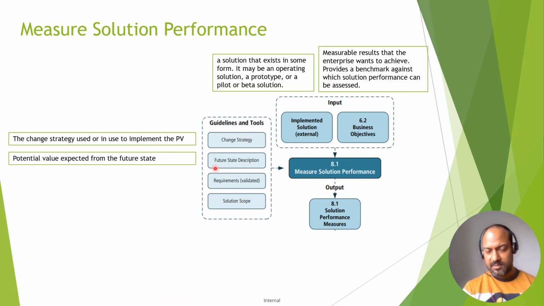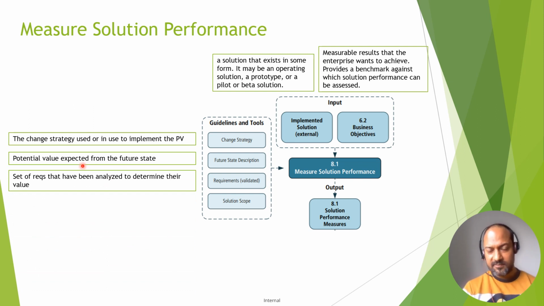Future state description, because future state description tells about the potential value expected from the future state, then only you are able to set the performance measures, right? That is, what key performance indicators you have to set in order to achieve that potential value or measure that potential value at the end when the solution is in operation. So the future state tells about that.